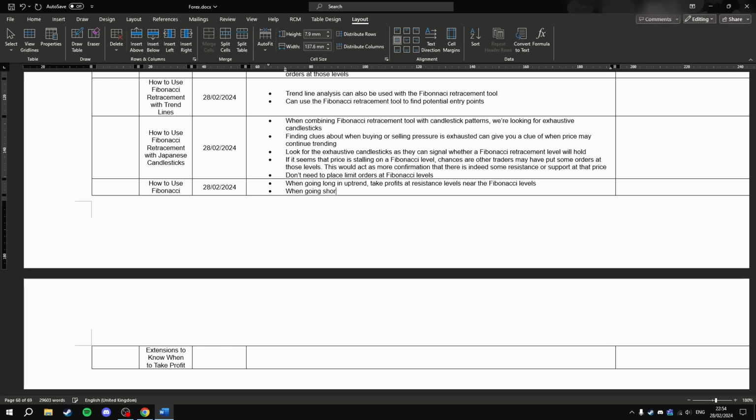When going short in a downtrend, take profits at support levels near the Fibonacci levels.